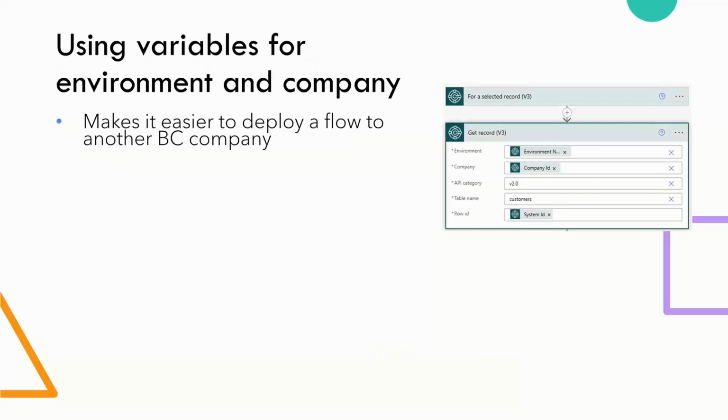The first thing that we then learn when it comes to specifically the Power Automate flows, and this is not specifically for approvals, but in general, with any flow that integrates with Business Central, you have the option on the Power Automate steps that are connected to Business Central to use variables for the environment and company.